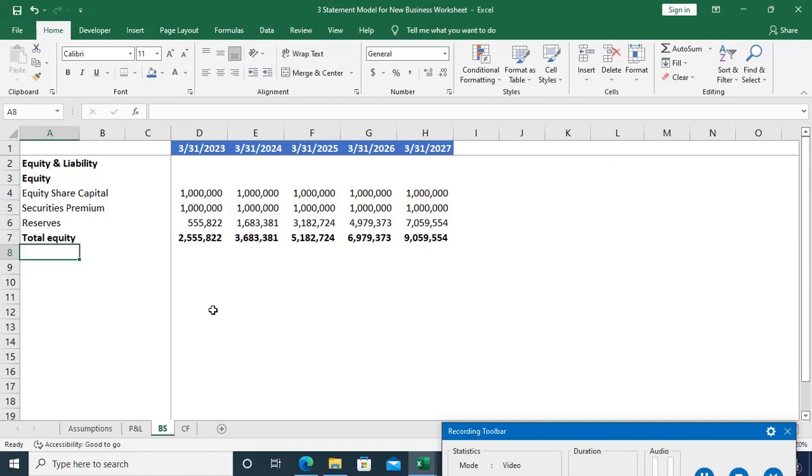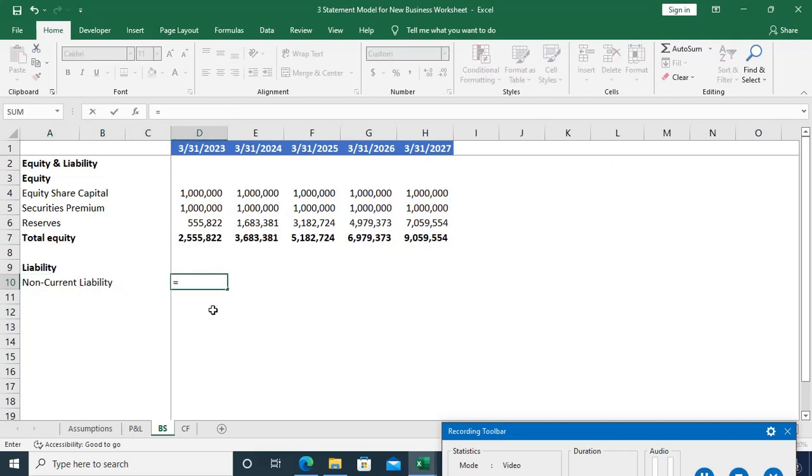Now this is the time for liability. In the liabilities, what was there? There was non-current liability, that is loan, and there was current liability. So in the liability section, you can make it bold, and here you can write non-current liability.